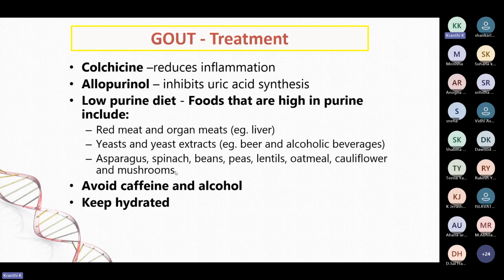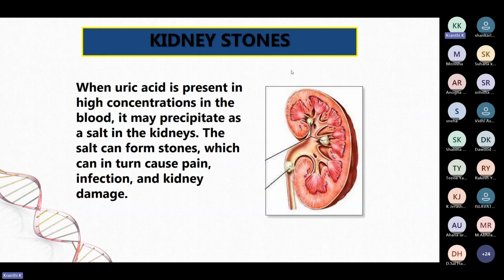So take more water to eliminate that uric acid through the kidney. So that is the treatment for gout. Then these are the kidneys, I mean kidney stones, right? Uric acid crystals may precipitate here, maybe in the ureters, or maybe in the kidney, or sometimes they may obstruct the bladder also.